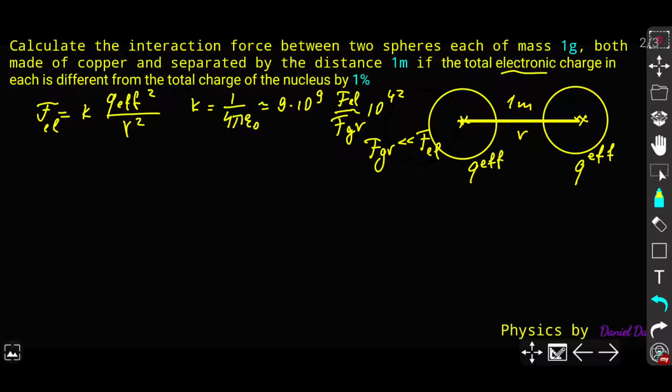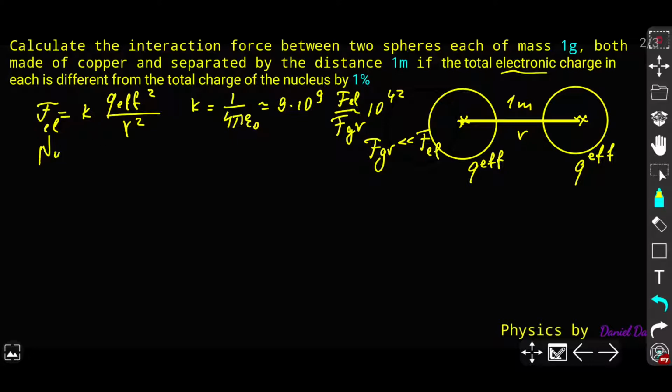Okay, so what's the next step? The next step is pretty obvious. In order to calculate the effective charge on each sphere, we need to be careful. The total electronic charge in each is different from the total charge of the nucleus by 1%. So let's have a look at the greater picture, how to calculate the nuclear charge.